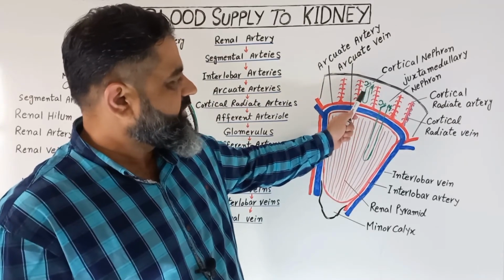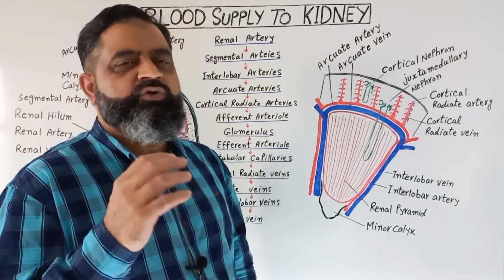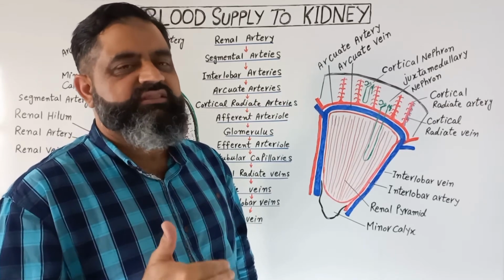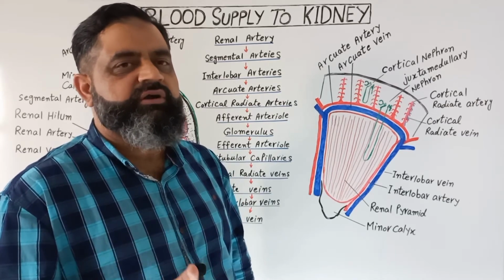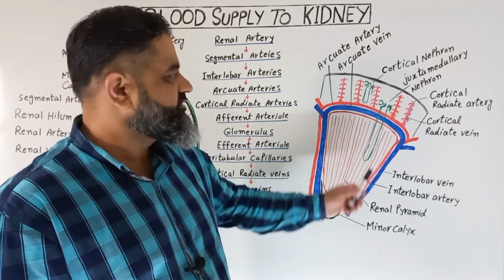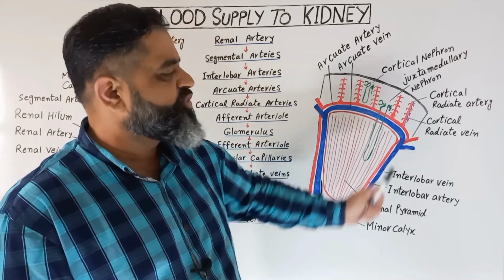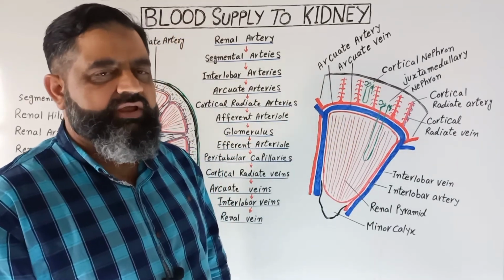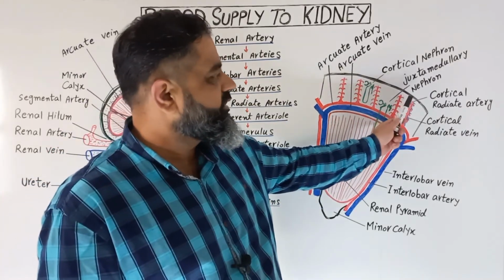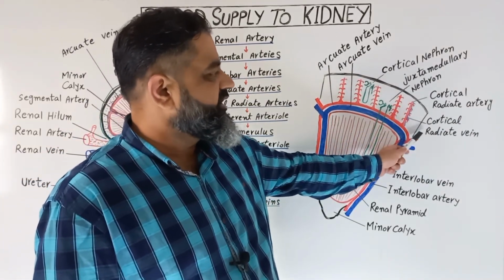After filtration, from this glomerulus a blood vessel arises, which is known as efferent arteriole, which exits the Bowman's capsule. Efferent arteriole then divides into peritubular capillaries, which surround the peritubular area of the nephron, and it forms a structure known as cortical radiate vein.